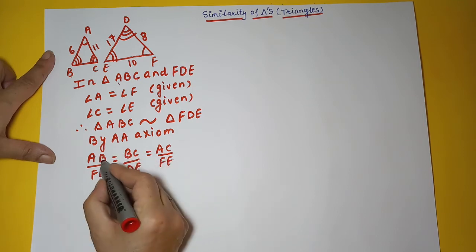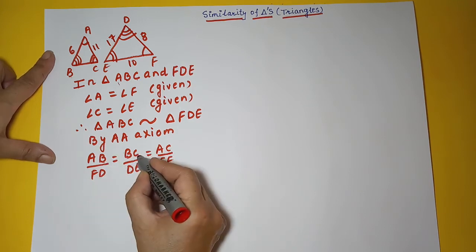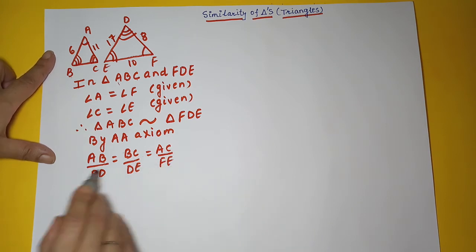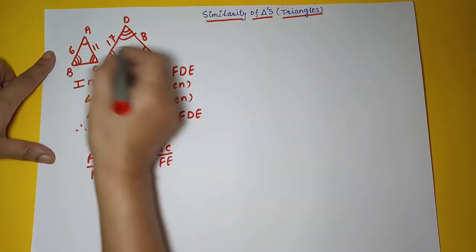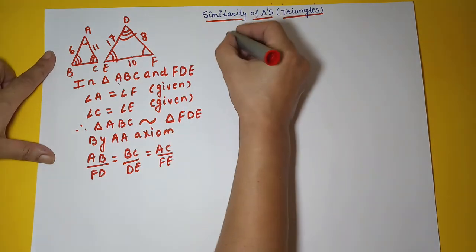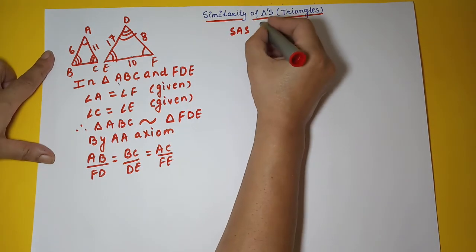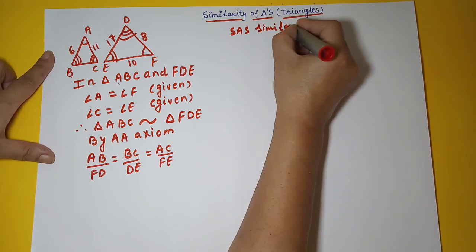Now for this, AB is given, FD is given, BC you have to calculate, DE is given, right? That's how we make use of this proportionality, right? Then there is another way of proving the two triangles similar. That is called the SAS similarity rule. So what is that SAS similarity rule?